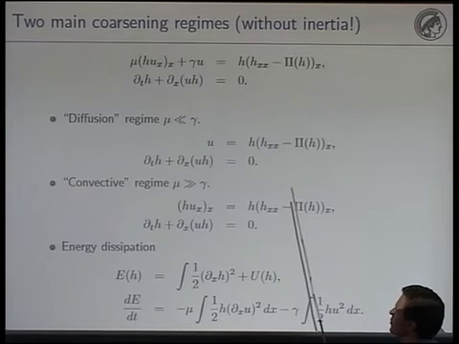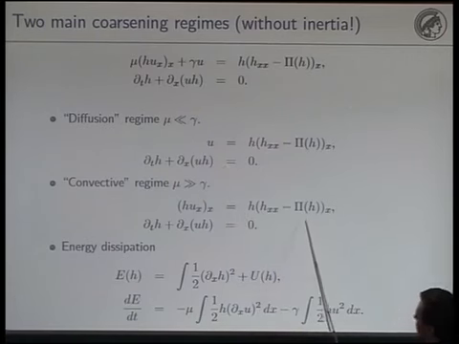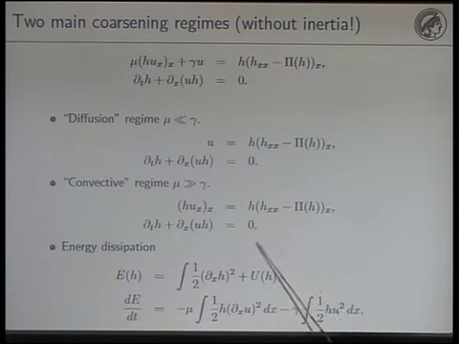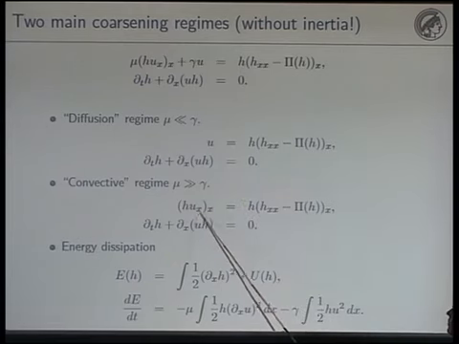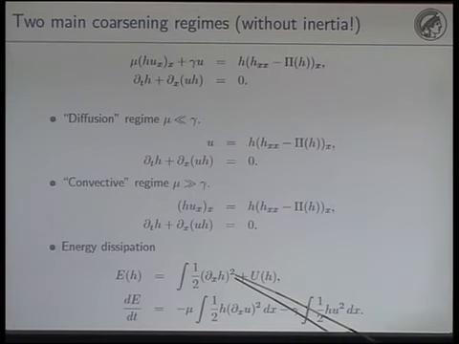And in the so-called convective or migration regime, when the viscosity is much larger than the slippage, you obtain a completely different model than the lubrication one. There is a competition between the viscous term, and you cannot resolve the velocity, at least not very clearly, and the gradient of pressure term. Accordingly, the energy is as before, as for the lubrication case, just surface energy plus intermolecular energy.